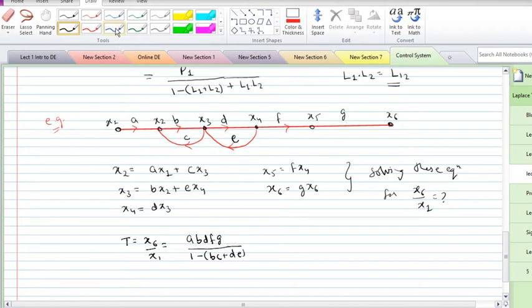Now if we write this loop transmittance as L1 and this loop transmittance as L2 and the forward path transmittance as P1, then you can replace this value as P1 divided by 1 minus L1 plus L2.